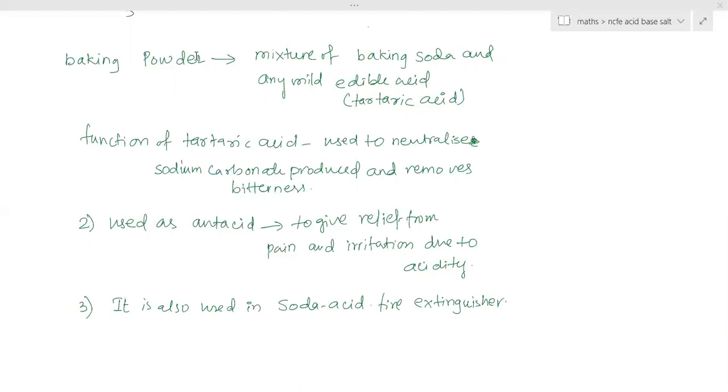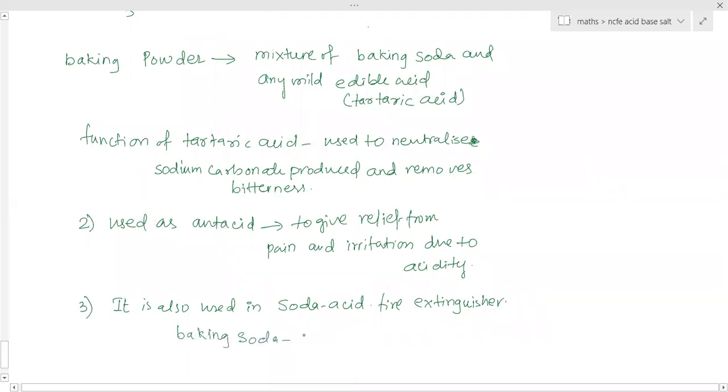So carbon dioxide is released, and when it comes out under pressure, it will cover a larger area over the fire and extinguish it. So in soda acid fire extinguishers, we are using baking soda and concentrated sulfuric acid.